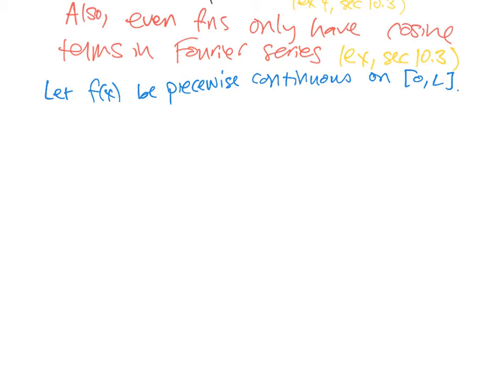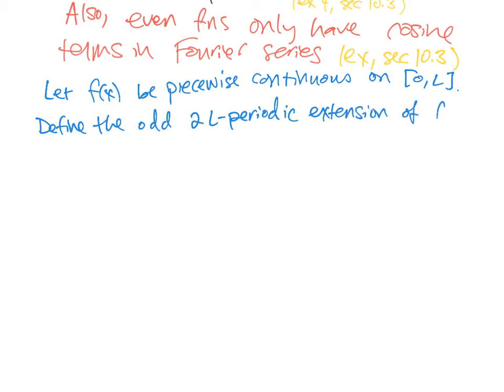So we're going to define the odd 2L periodic extension of f, and we'll call this f sub O, for odd, of x.